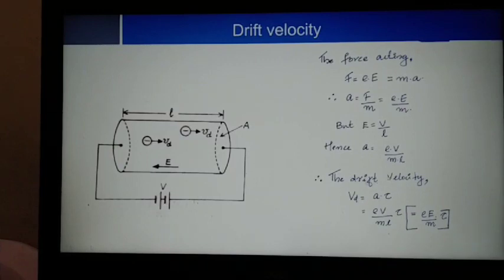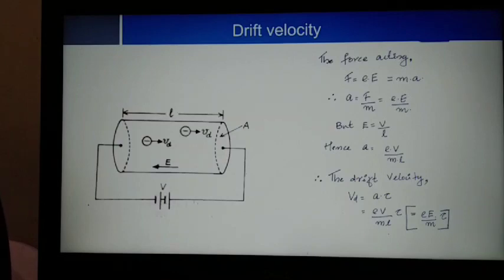Therefore, the drift velocity is Vd equal to a into tau. You may think, from where does that equation come? We have already said that velocity is equal to acceleration into time. Why is it called acceleration into relaxation time?